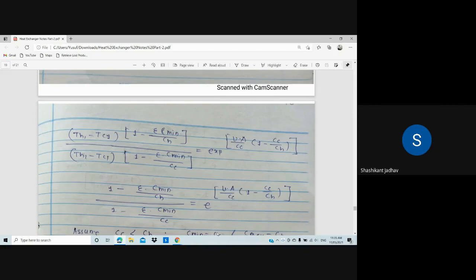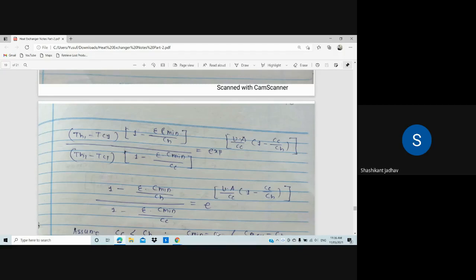So what is the remaining equation? 1 minus epsilon C minimum divided by Ch divided by 1 minus epsilon C minimum divided by Cc is equal to e raised to u into A divided by Cc into bracket 1 minus Cc upon Ch. Okay, write down that simplified equation: 1 minus epsilon C minimum upon Ch divided by 1 minus epsilon into C minimum divided by Cc is equal to e raised to u into A divided by Cc into bracket 1 minus Cc upon Ch.